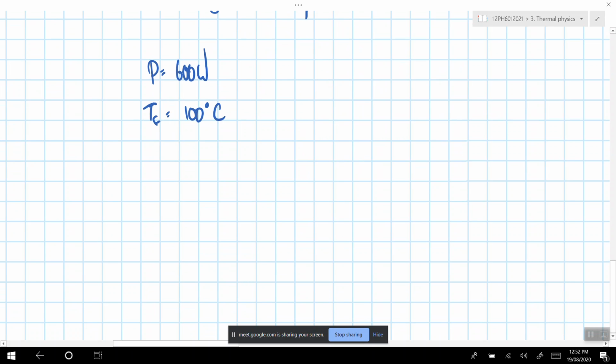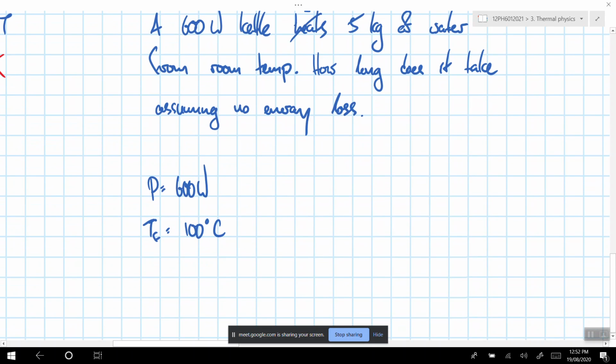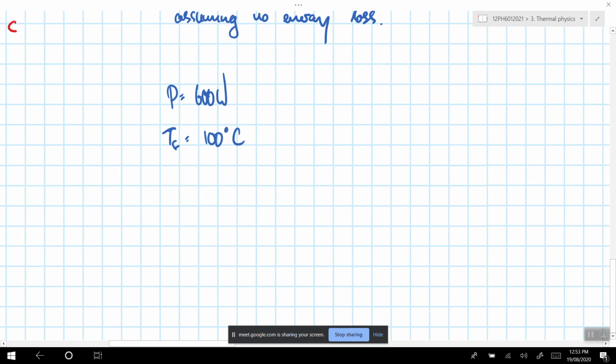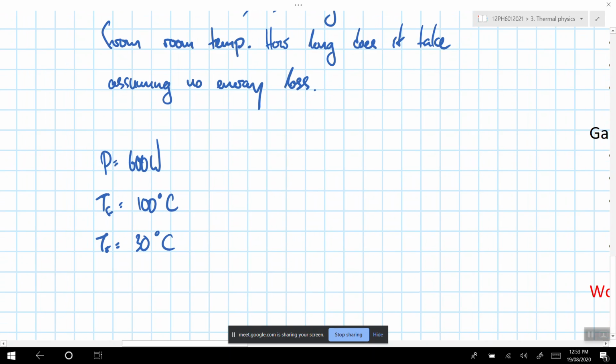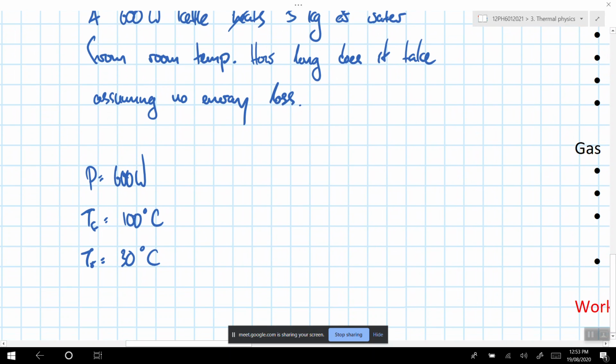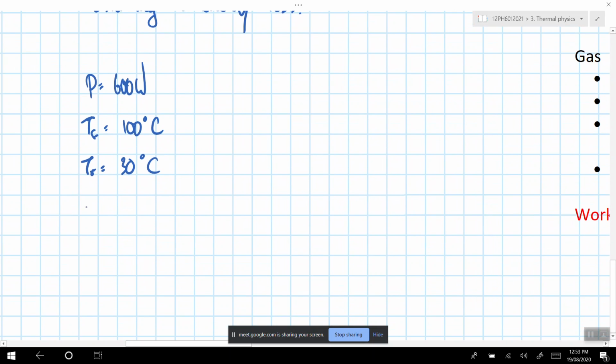From room temperature, it's really hot in my room, so I'm going to say that the room temperature is equal to 30 degrees, just because I'm making up the question. Normally they would tell you what the initial temperature is in physics. In chemistry, they might expect you to have decided what standard temperatures and pressures are. How long does it take, assuming no energy loss? So we had the mass as well, which was 5 kilograms.